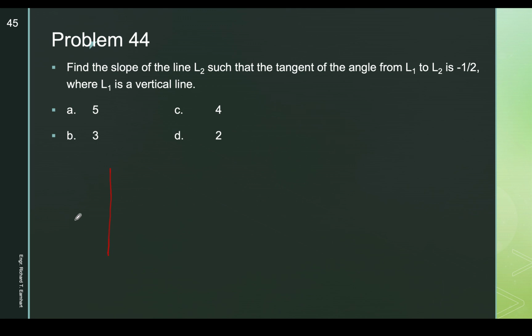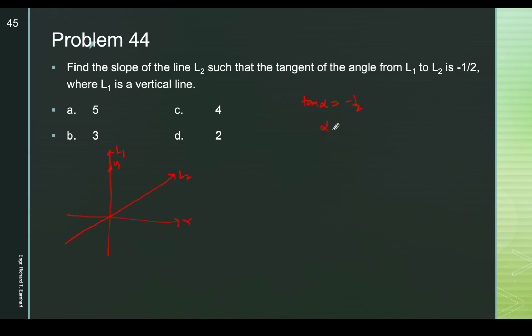Suppose this is my x and y axis, so L1 will coincide with the y-axis, and L2 could be somewhere here. Now the tangent of the angle is negative 1/2.